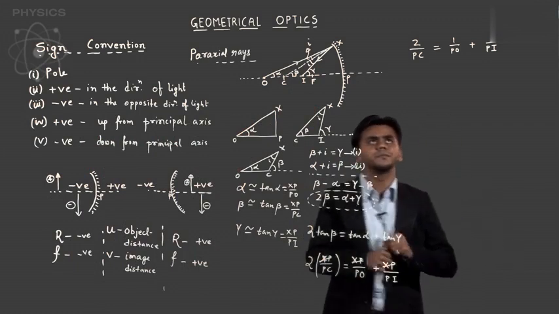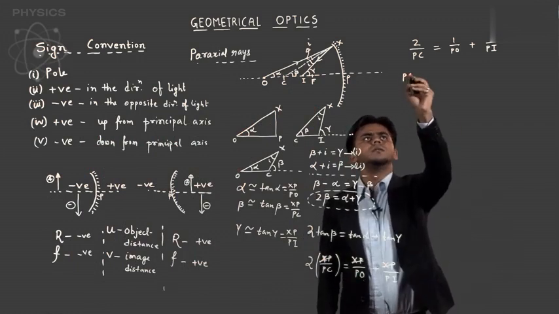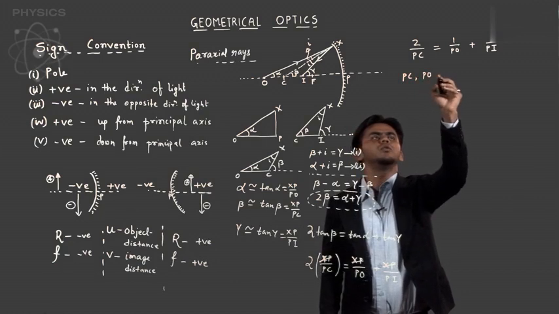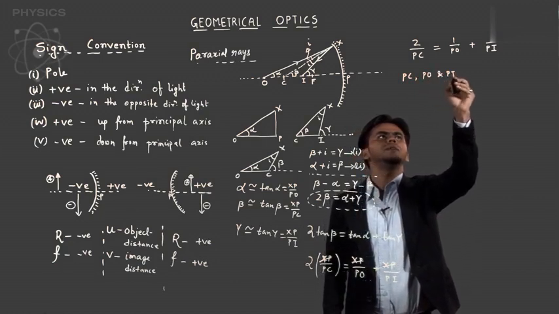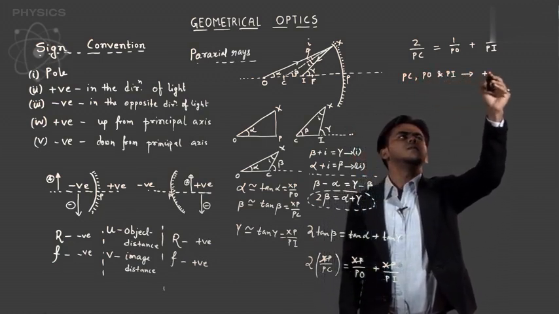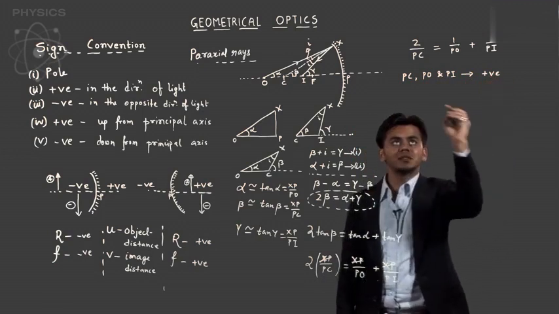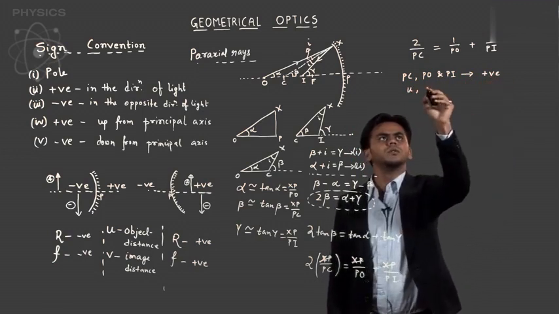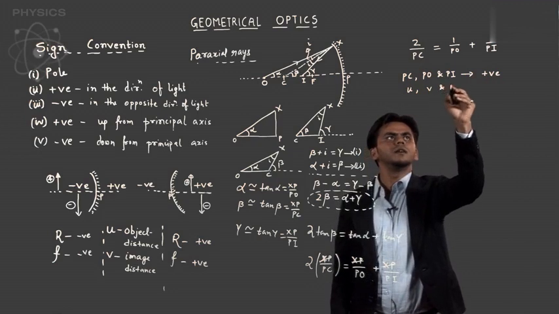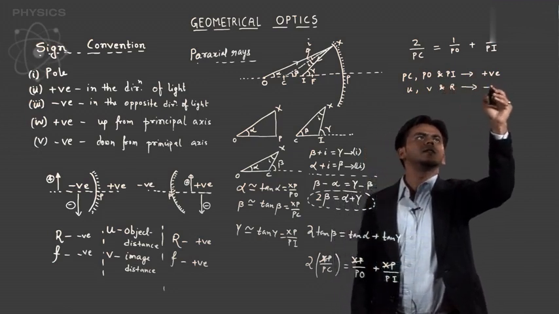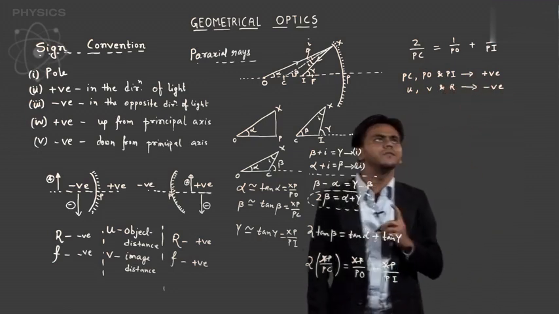Write this thing down. PC, PO and PI are positive, but U, V and R are negative.